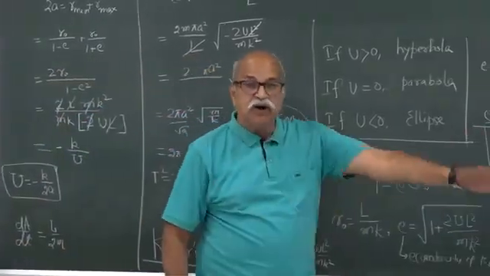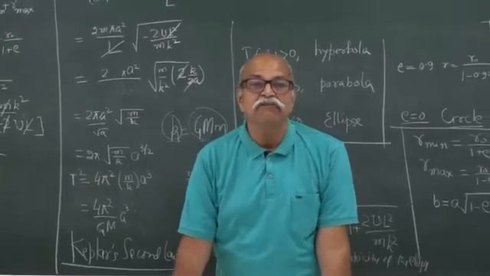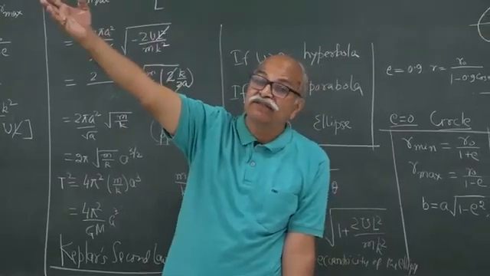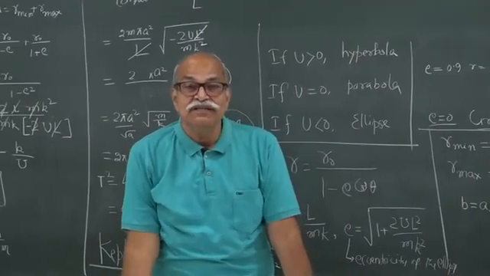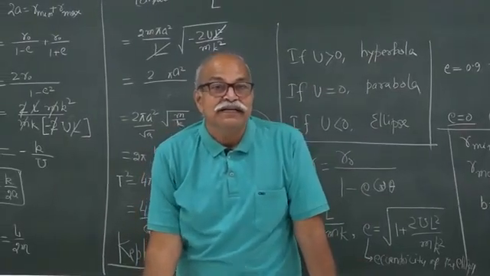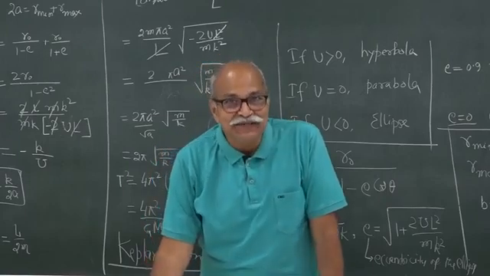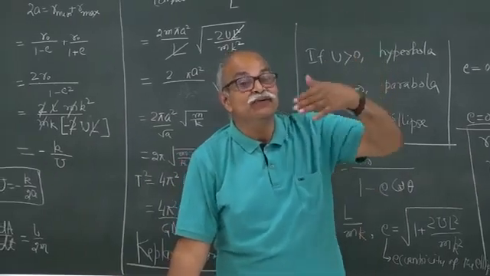Kepler described all these laws on the basis of observation of positions of planets at different times round the year. These observations were taken by Tycho Brahe, and Kepler analyzed those data, and from there he formulated these rules.